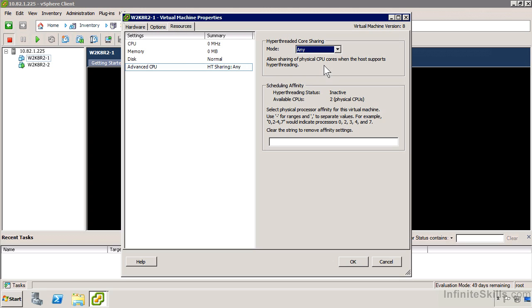When we have large numbers of virtual machines, or at least large numbers of virtual cores compared to the physical cores, what we can do in those types of cases is specify that we want to keep at least virtual machines with 2 virtual CPUs on the same physical core and actually just back those 2 up through hypersharing. You can do these kinds of things and specify whether to share virtual cores or not.